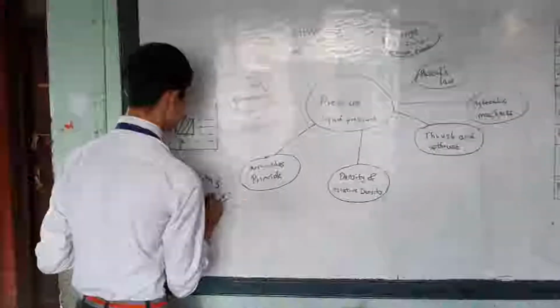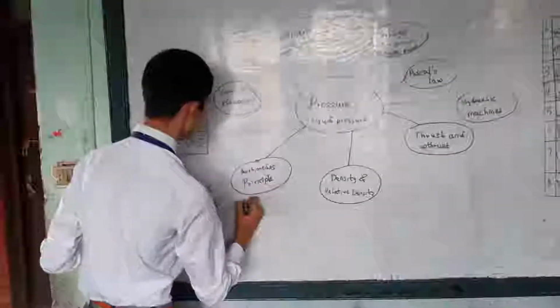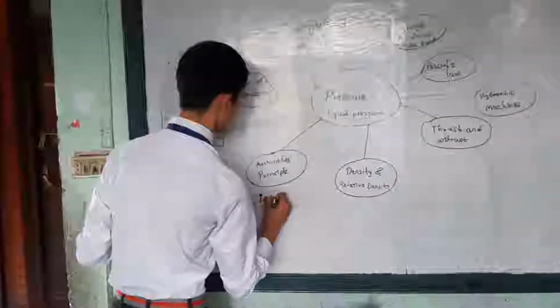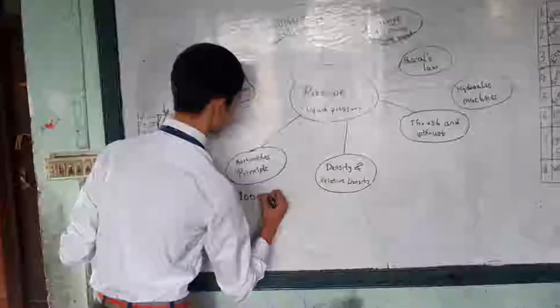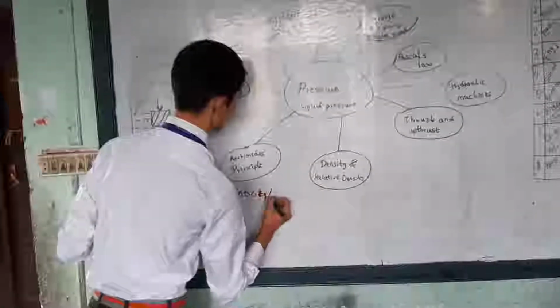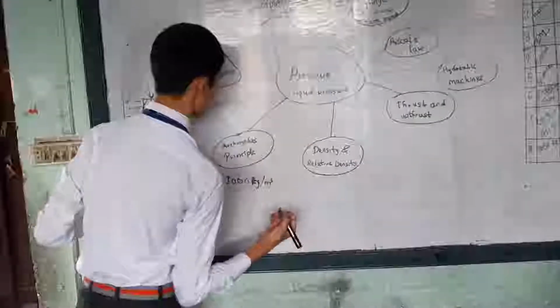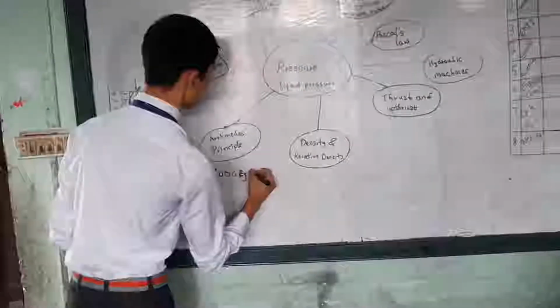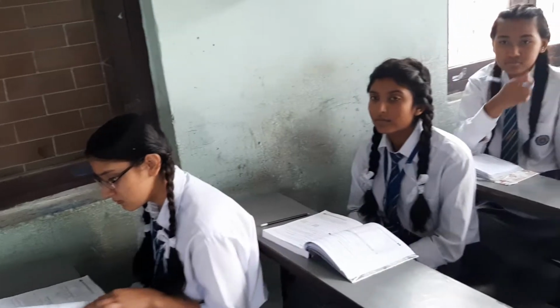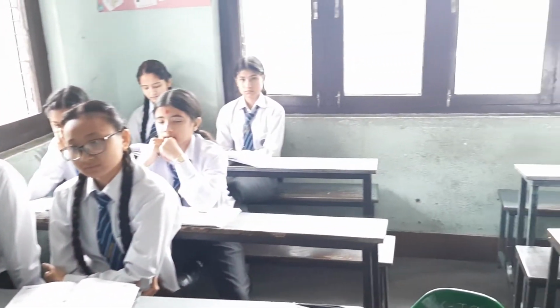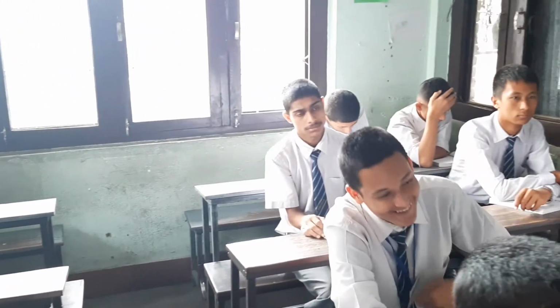We know that the density of pure water is 1000 kilogram per meter cube. This value is constant at 4 degrees centigrade, so we need to keep here 4 degrees centigrade. Wherever specific gravity comes, it means relative density.